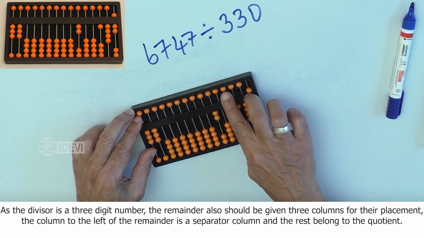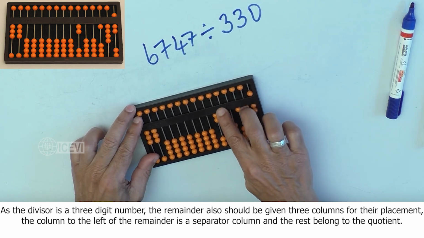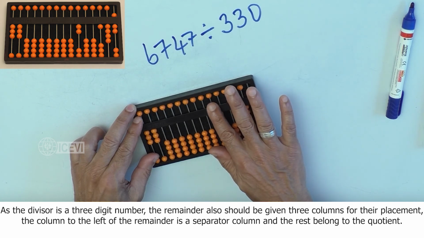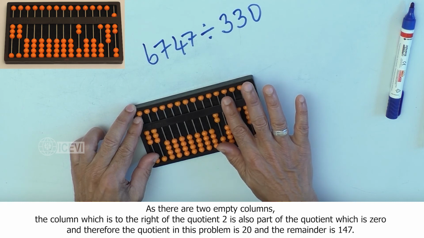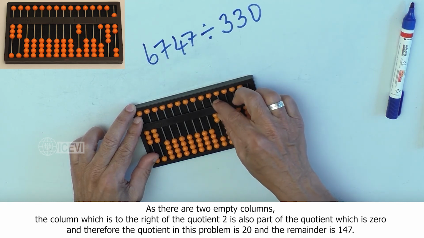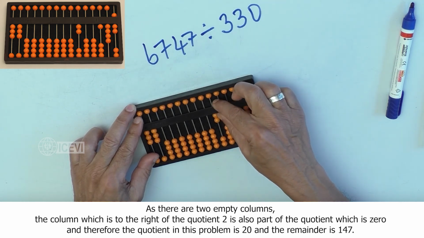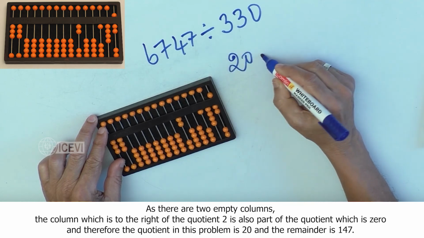The column to the left of the remainder is a separator column. And the rest belong to the quotient. As there are two empty columns, the column to the right of the quotient 2 is also part of the quotient, which is 0, and therefore the quotient in this problem is 20 and the remainder is 147.